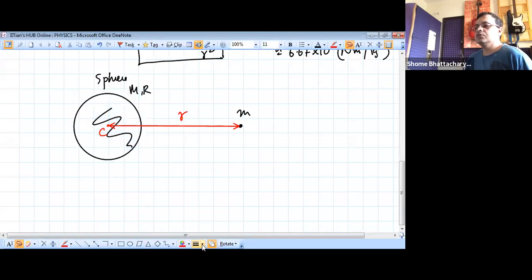As it turns out, there's no difference in the formula whatsoever. The amount of force is exactly the same as the force between two particles, only now the direction of this becomes like this.